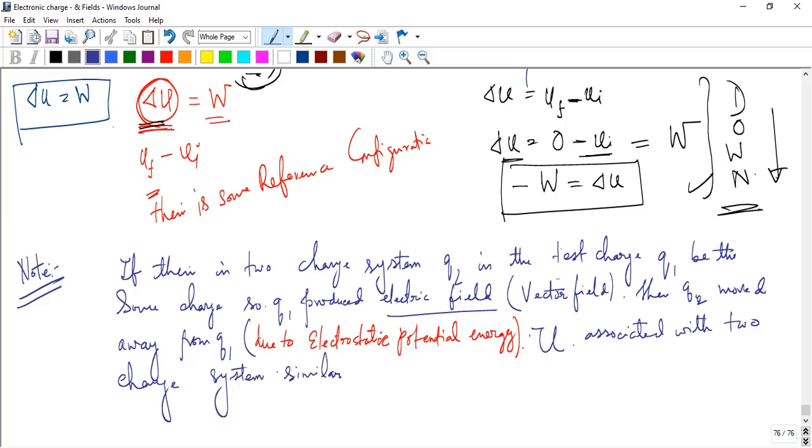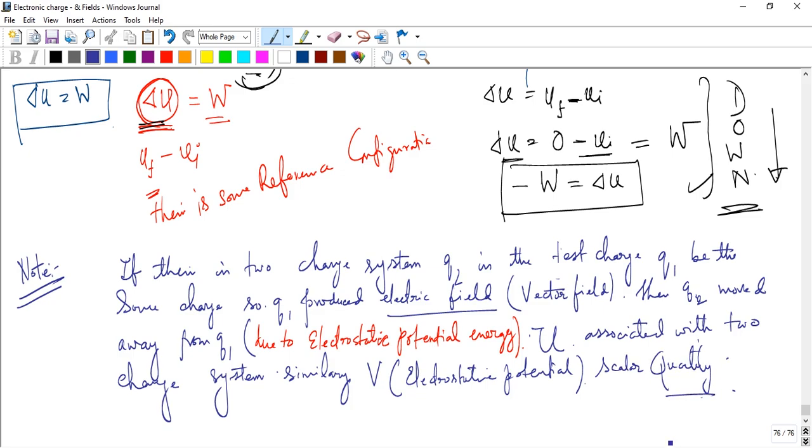That is the potential generated by Q1, the source charge, similar to the electric field.